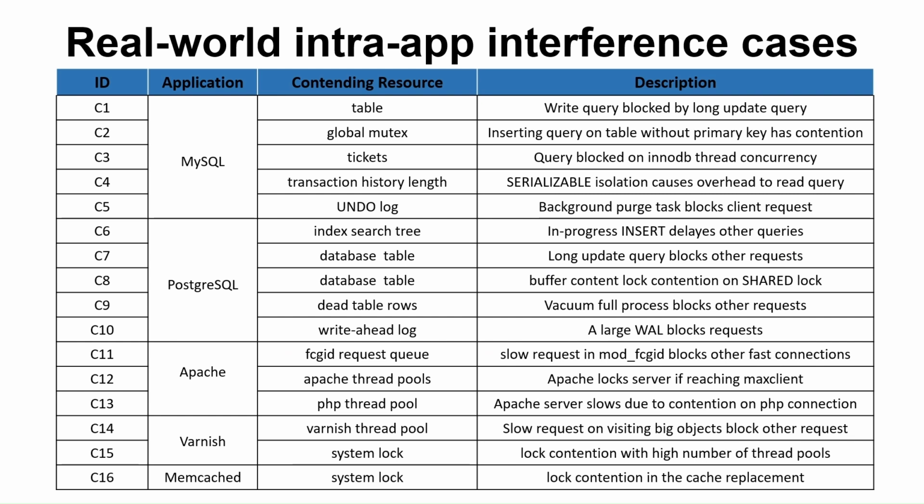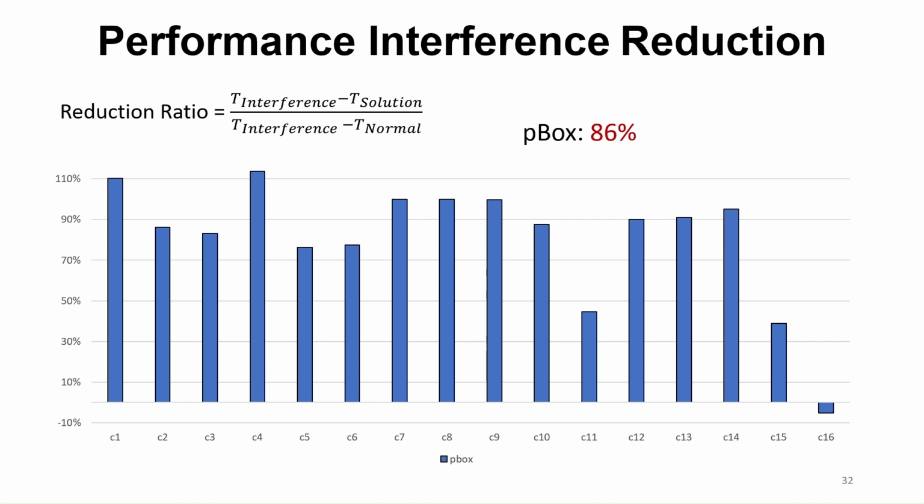We collect 16 real-world intra-application performance interference cases. The contention sources for each case come from various categories such as thread pool, table lock, undo log, and index search tree. We define a metric called reduction rate to quantify the reduction of intra-application interference.